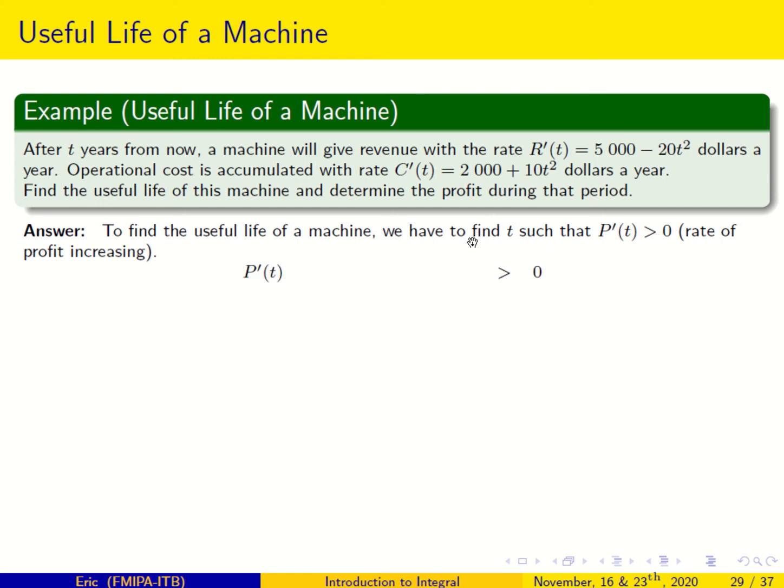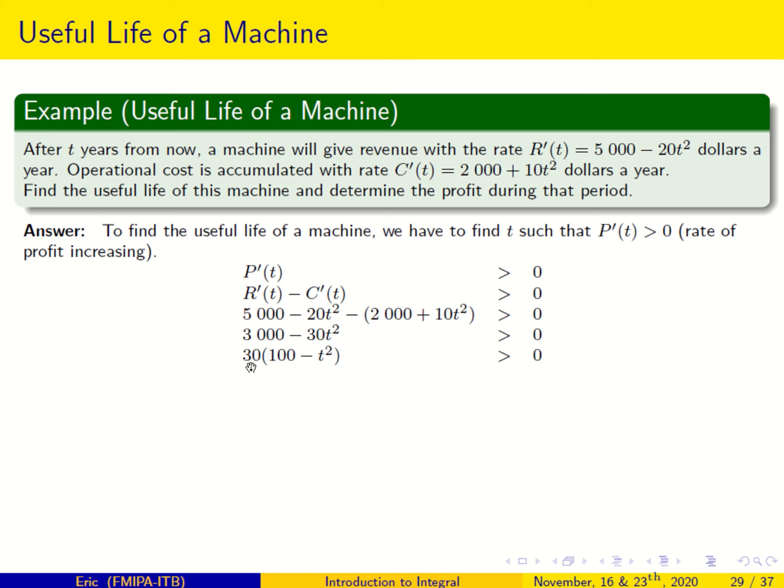P prime is R prime minus C prime. R prime is given by this and C prime is given by this. I can substitute and simplify this into this. I can factor out 30 and I have this. And I factorize 100 minus t squared, that is (10 minus t)(10 plus t) greater than 0.